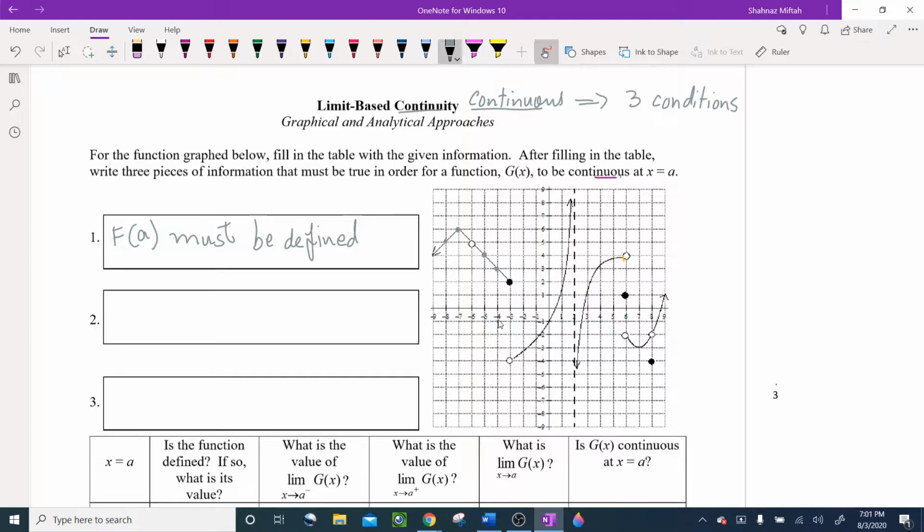Defined point means when you plug in an x value, you should get a y value. For example, if I plug in -4 in the function, you know my y value is 3 for sure because it's a closed circle. If I plug in -6, you know that's a hole. It means I don't have a y value for this -6. It's undefined because it's a hole there. It's not really a y value. Okay, don't get confused, you might say, oh, you talked about arbitrarily close.